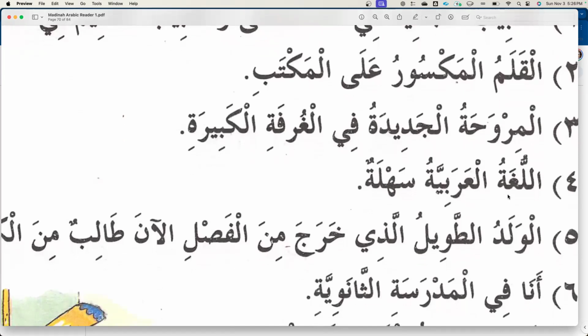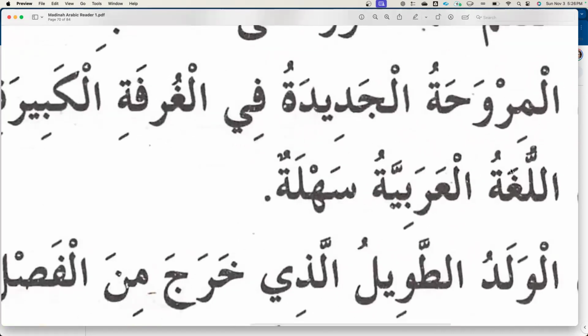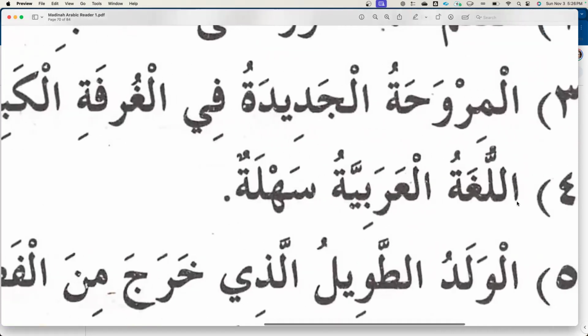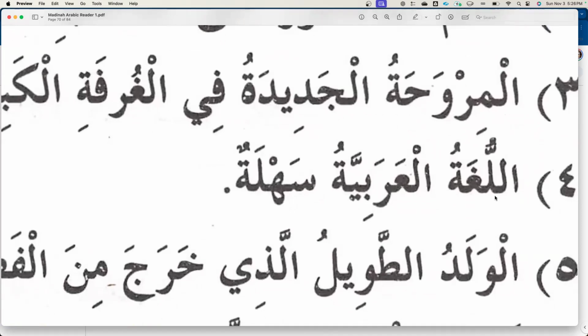Al-lughatul Arabiyyatu sahlatun. Arabic is an easy language. Yes, but it doesn't say that exactly. Don't be literal about it.